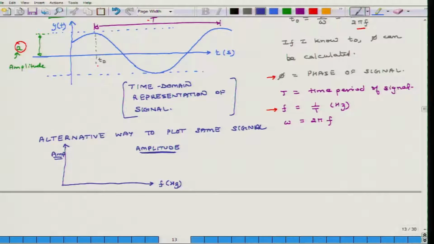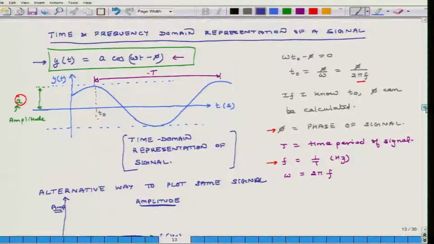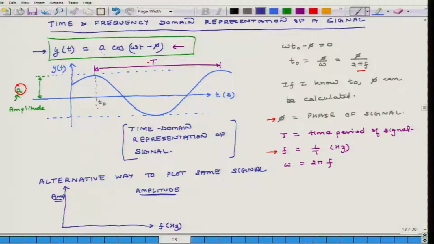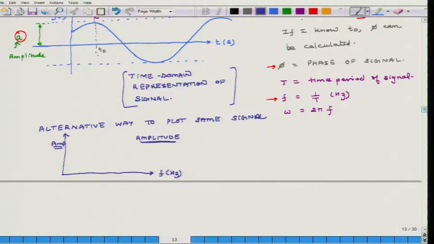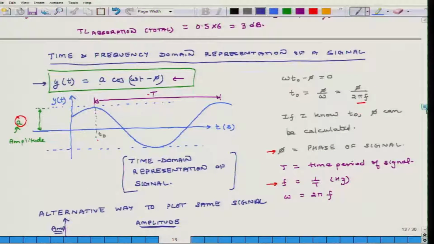And what is the amplitude of this signal? It is A, and it is at what frequency? F. So it is at a frequency f. To be explicit, we will call it omega naught, and we will call it f naught, and we will call it t naught.